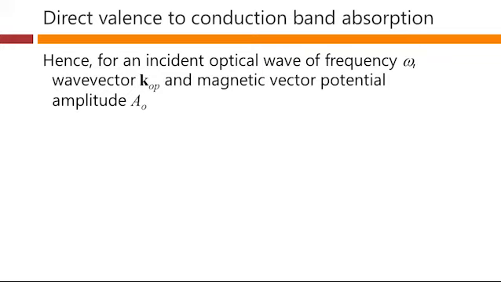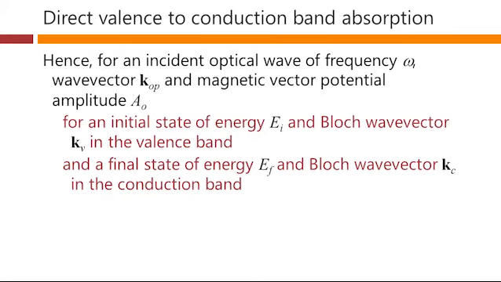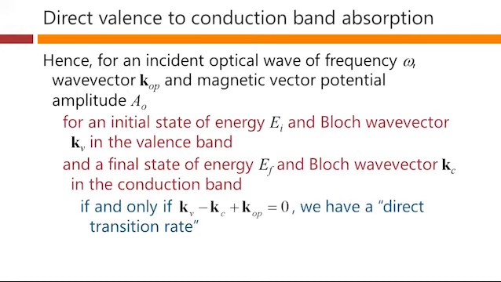So if we have some incident optical wave of angular frequency omega, wave vector k optical, and magnetic vector potential amplitude A naught, for some initial state of energy EI and a Bloch wave vector kV in the valence band, and a final state of energy EF and Bloch wave vector kc in the conduction band, if and only if the sum of these wave vectors, kV minus kc plus k optical, is equal to 0, we will have what we call a direct transition rate.